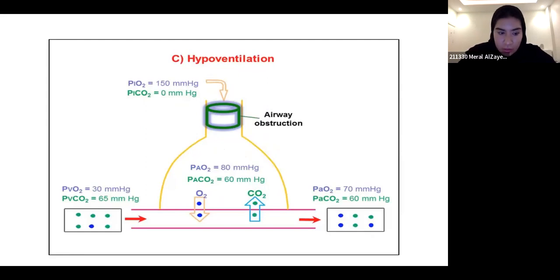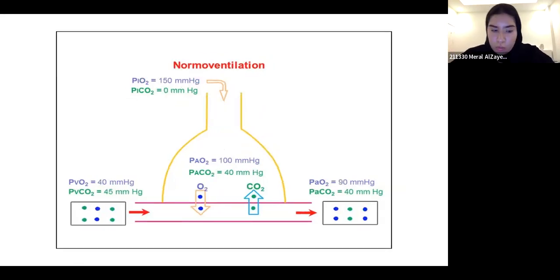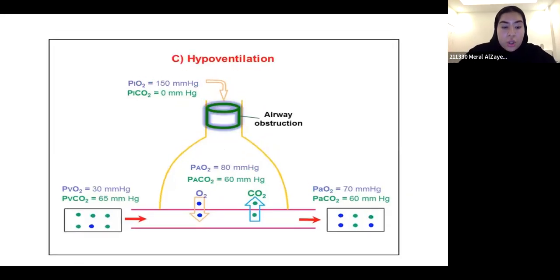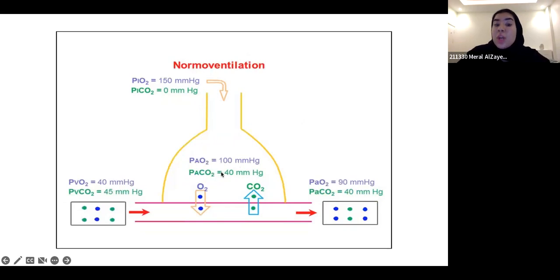On the previous slide, remember the normal and the hypoventilation: the oxygen was 100 in the normal and 80 in hypoventilation. So the amount of oxygen decreases and the amount of carbon dioxide increases. Do you see here? In hypoventilation, the carbon dioxide is 60 and the oxygen is 80, while in the normal, the carbon dioxide is 40.